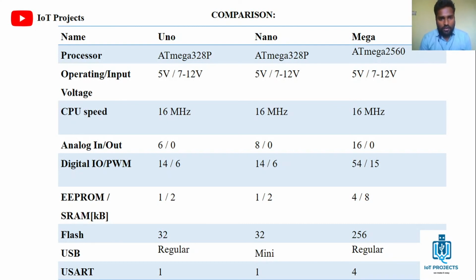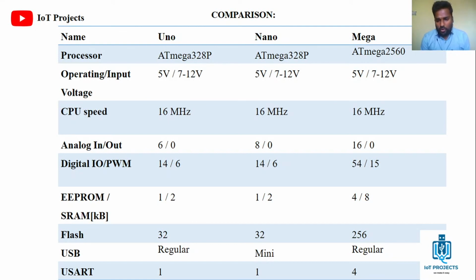Now I can conclude that if you are using Arduino Uno in your IoT project, you will have 6 analog input output pins, so before programming you have to think like that. If you are going for Nano, you will have 8 analog input output pins, but you will be restricted to using the mini USB cable for power.